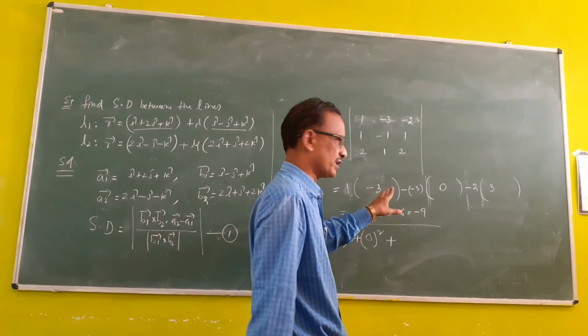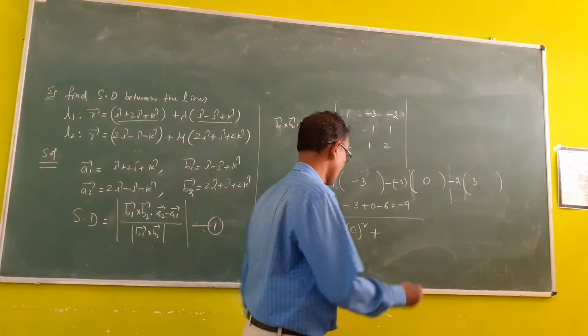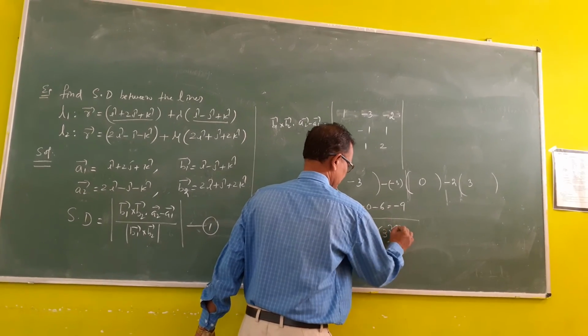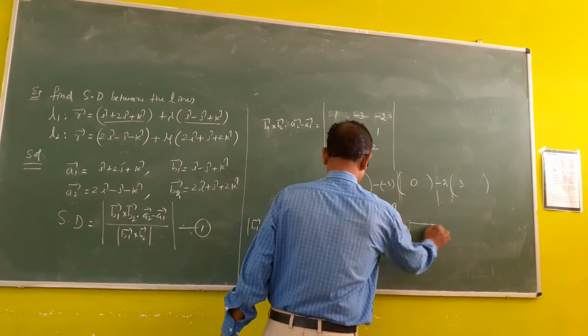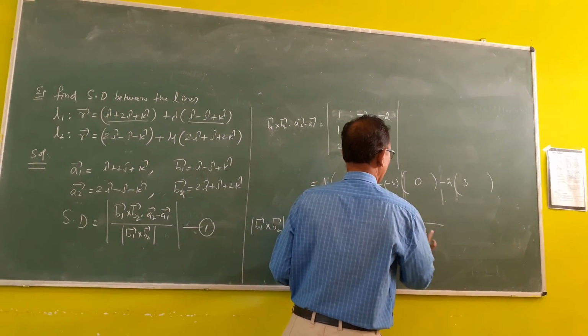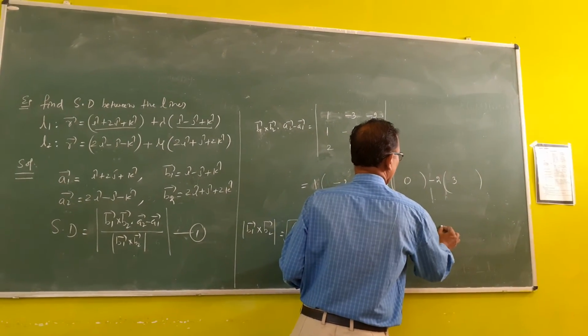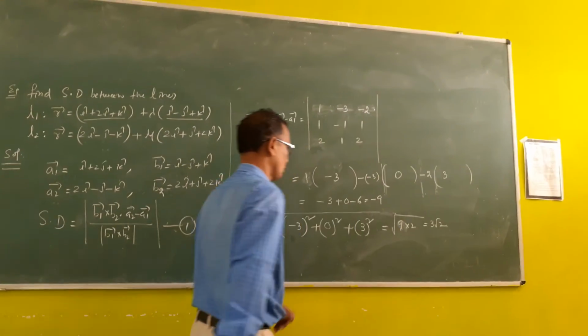So 3 square is 9, again 3 square is 9, total 18, that is 9 into 2, plus 0. So it is 3 root 2.